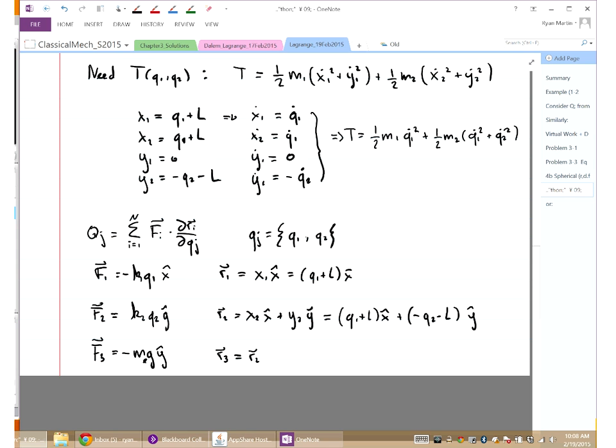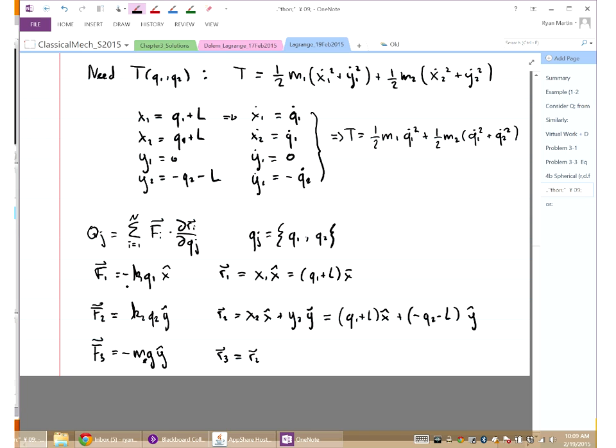And when I wrote the vectors, I wrote the vectors in the x and y coordinate system. Because Q1 and Q2, I really prefer if they're just scalars. So I chose Q1 and Q2 so that if the spring is extended, then the Q variable is positive.